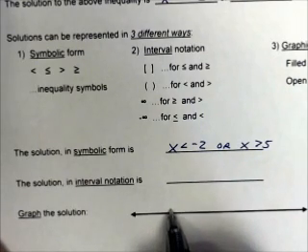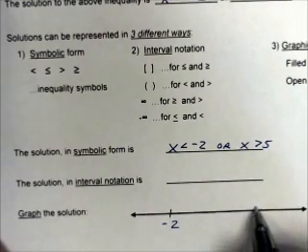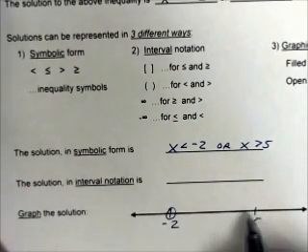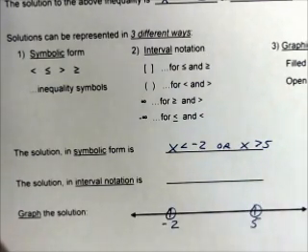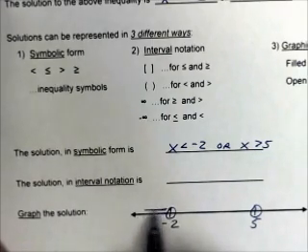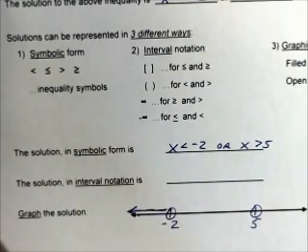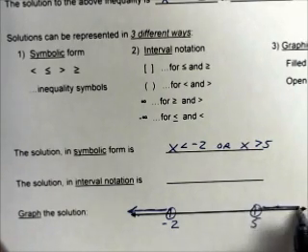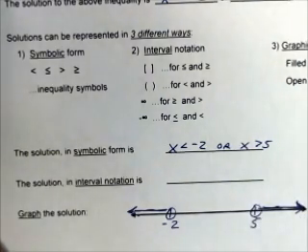So we put negative 2 and 5 on our number line, circle each, leave the circles open because negative 2 is not included as a solution, nor is 5. Now, all values less than negative 2 would be to the left of negative 2, and then all values greater than 5 would be to the right of 5.